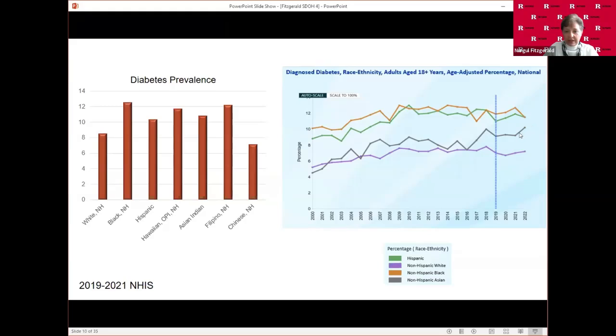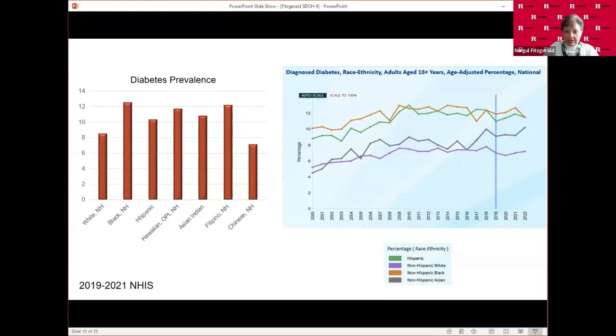And one of the things I would like to highlight is, as you can see, in terms of the Asian Indian and some of the groups that are counted in the overall Asian category, not all subcategories are equal in terms of disease, health disparities and disease prevalence, right? So this is one of those areas. This gray line is representing the non-Hispanic Asian population.